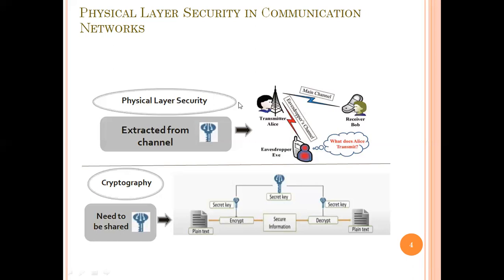has emerged as one of the most important security structures, which has the ability to extract several characteristics of the channel, such as noise, fading, and randomness, and much more.